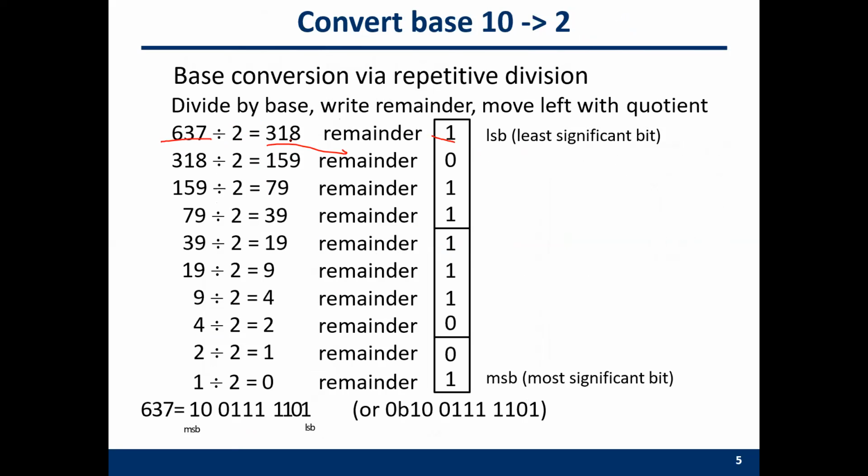We can continue to use the result to divide it by 2, result and remainder, until we have this. So this is the least significant bit. This is the most significant bit. Eventually, this is the result.